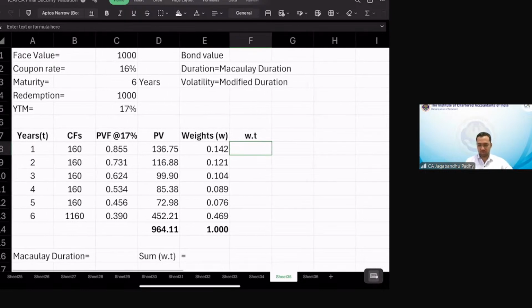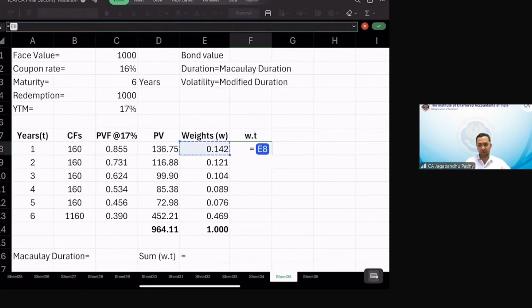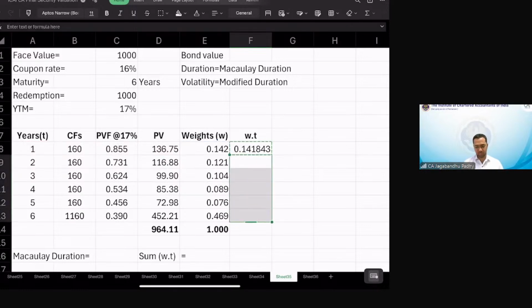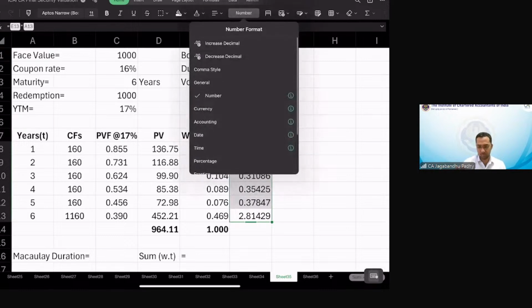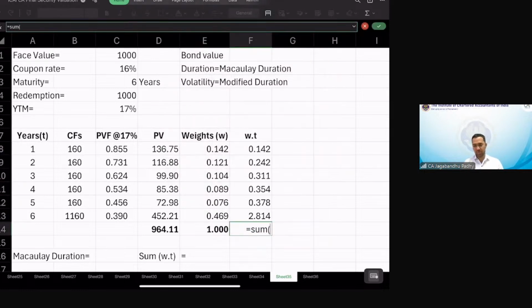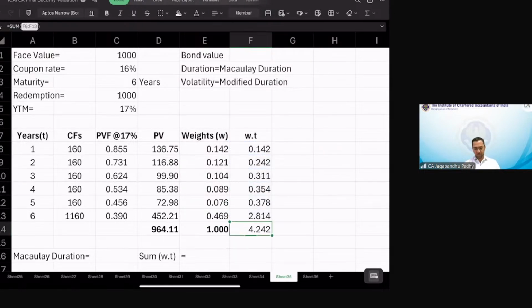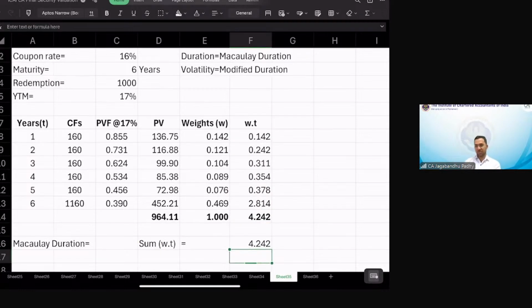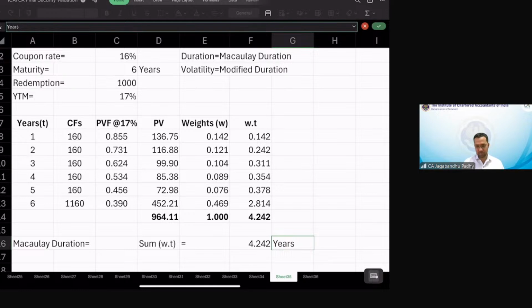Check the weights. And then the final thing is to multiply weight with the number of years. If you take the summation of the entire weights, that's 4.242. So please check if you're getting the Macaulay duration to be 4.242 years.